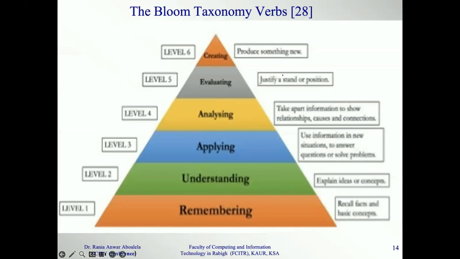Here is the hierarchy of Bloom taxonomy. It consists of 6 levels, starting from the bottom to the top, where the bottom level is the least complex knowledge, and the top of the hierarchy is the most complex.